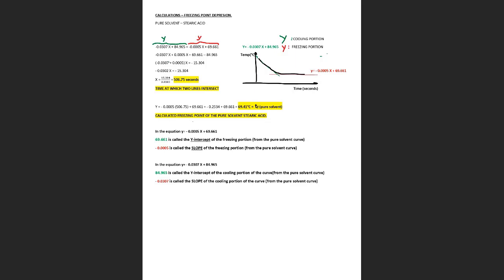Let me see, I missed something. No, okay. So here, you are going to have, let's say in this case, I did it for just the pure solvent. And then you're going to repeat the same thing for the stearic acid. So once you have the green, here it says cooling portion.